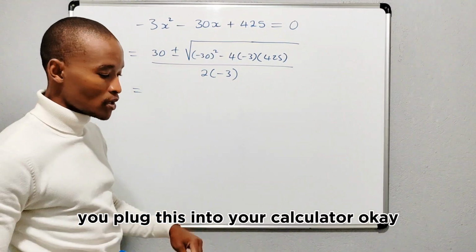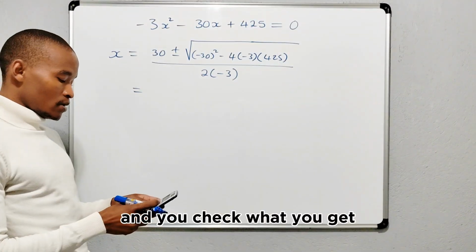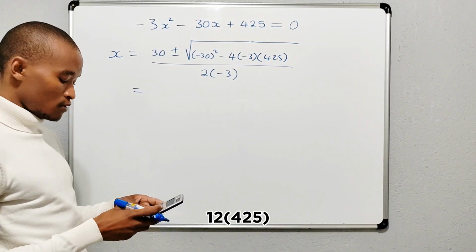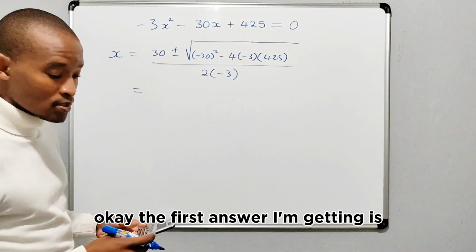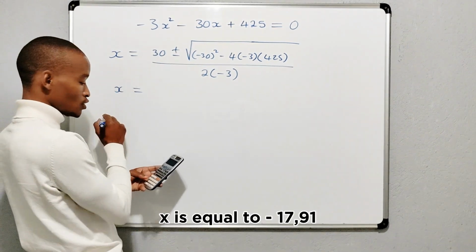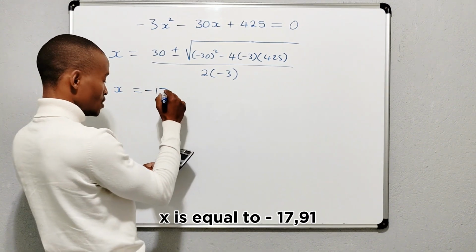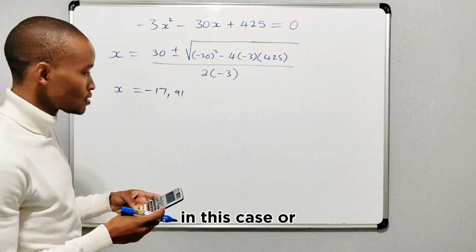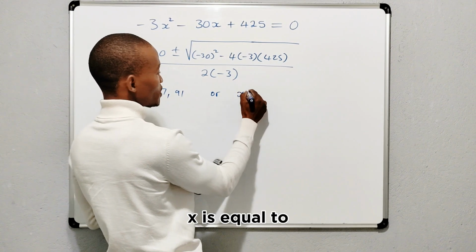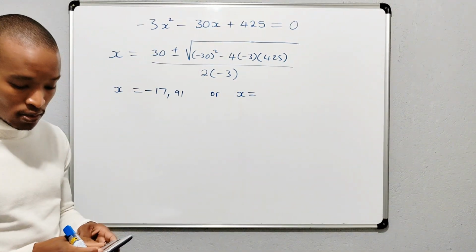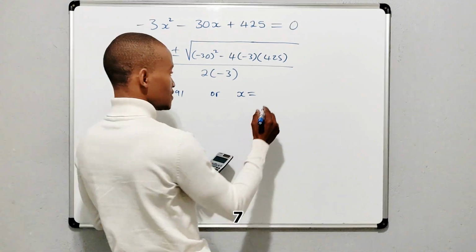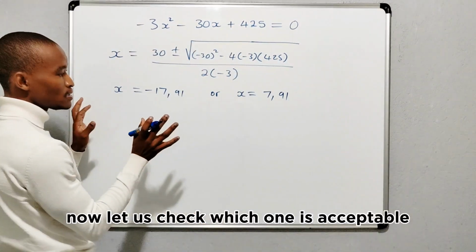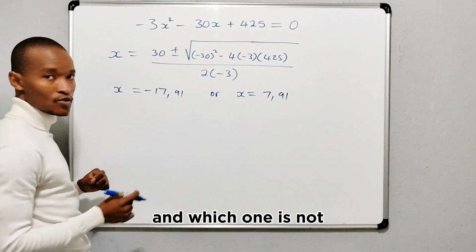You plug this into your calculator, and you check what you get. Let's practice that. The first answer I'm getting is x is equal to negative 17.91, and I use 2 decimal places in this case, or x is equal to, let's get the other solution, 7.91. Okay, now let us check which one is acceptable and which one is not.